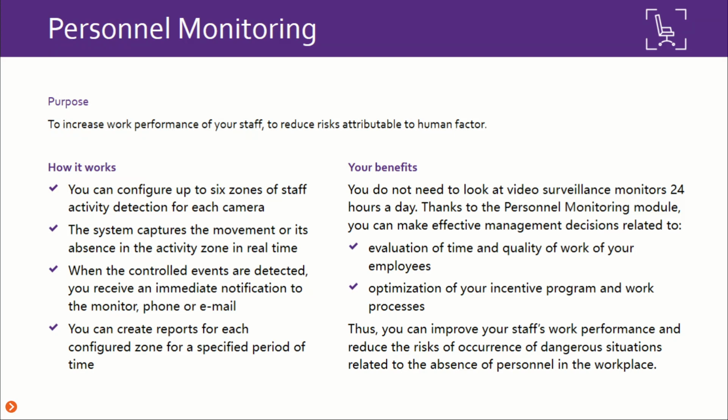And personnel monitoring can be set in a manner that 6 zones or 6 staff members can be tracked. If they would not be at their designated spot, then you will be getting notification.